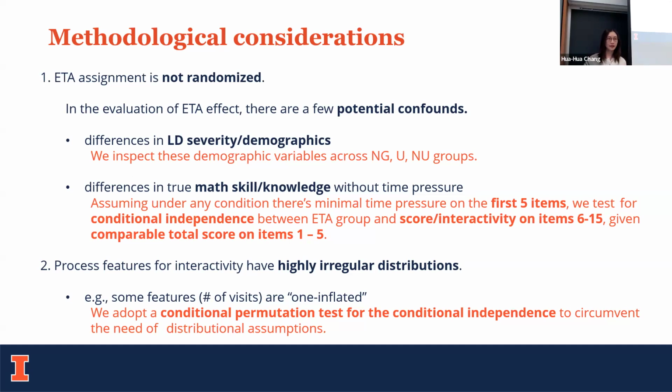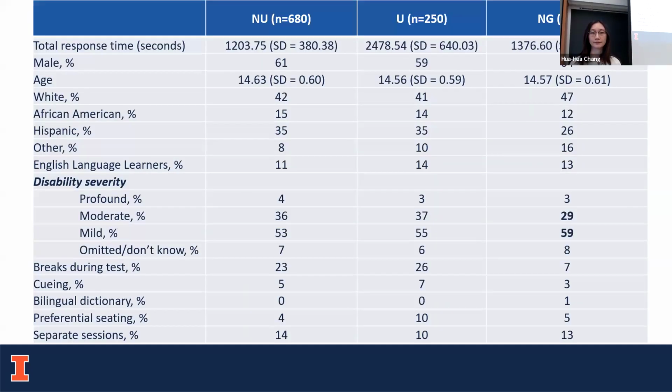And the rest of the students have a very dispersed count of how many times they revisited the question. So instead of imposing specific distributional assumptions on these features, we adopt a non-parametric test, which is a conditional permutation test for conditional independence, which I'll briefly introduce the intuition later on.